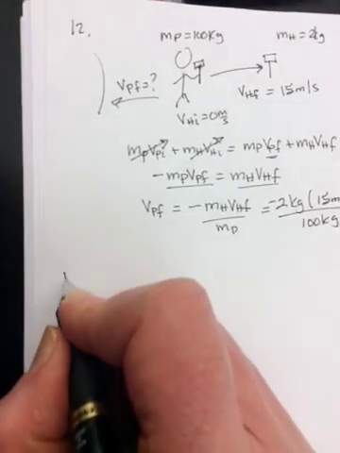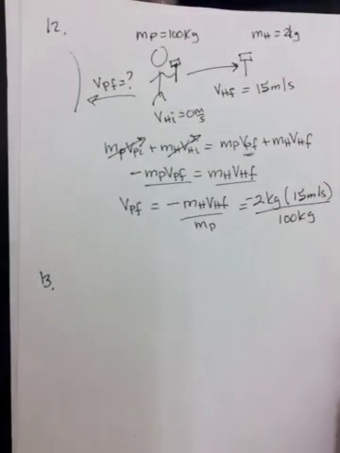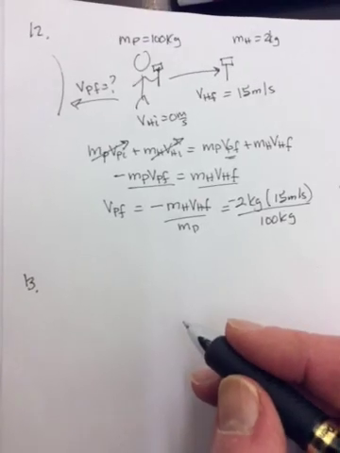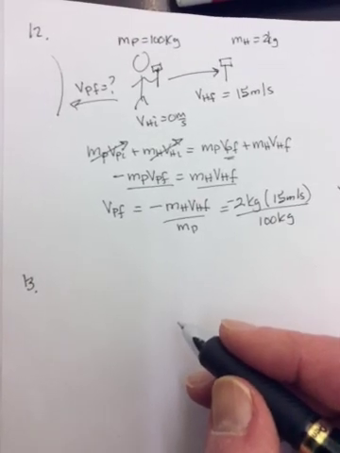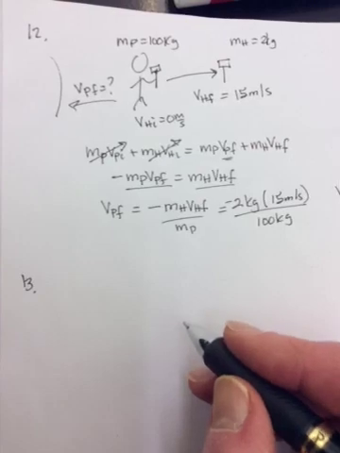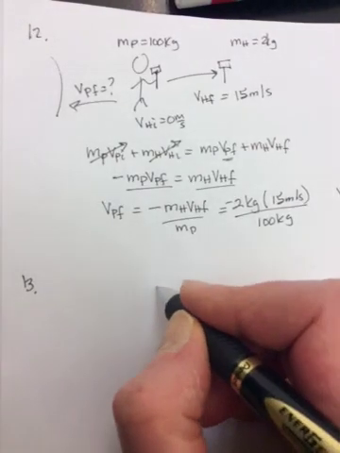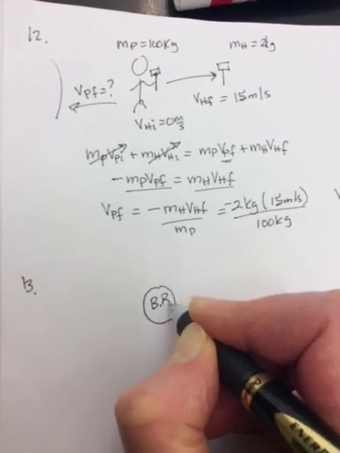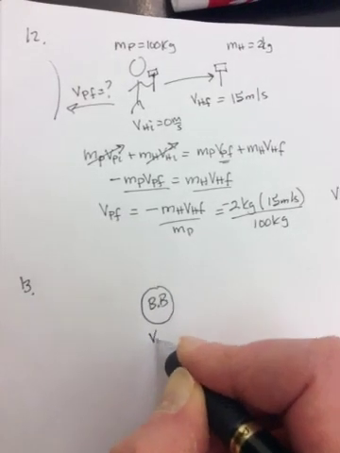Number 13. A stationary bowling ball of unknown mass is hit by another hard ball of mass 2.5 kilograms moving to the right at 3 meters per second. So here is my bowling ball, and it is stationary.